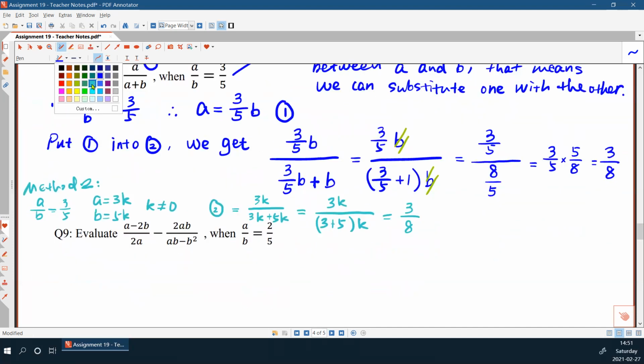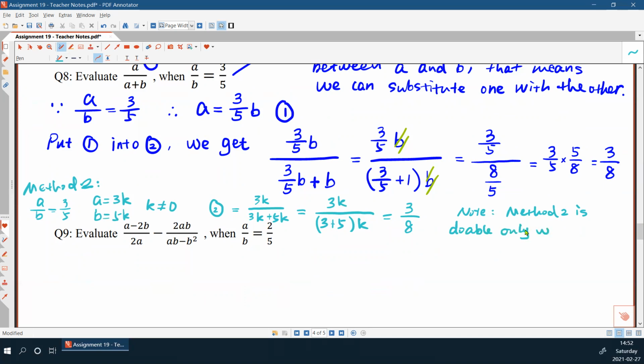Okay, I'll put the note here. Note: Method 2 is doable only when the order of numerator and denominator is equal.